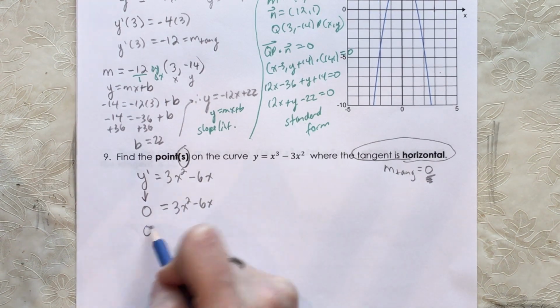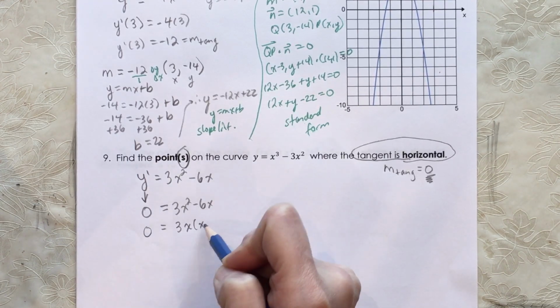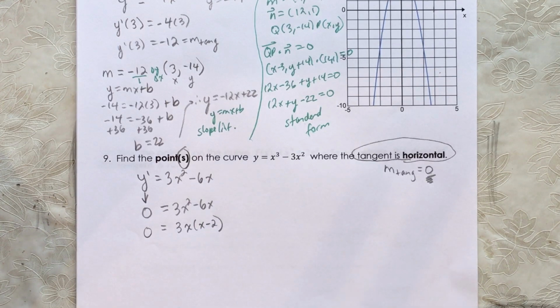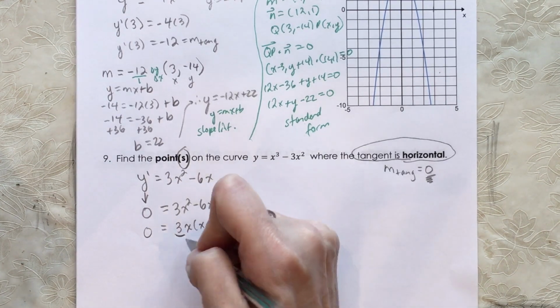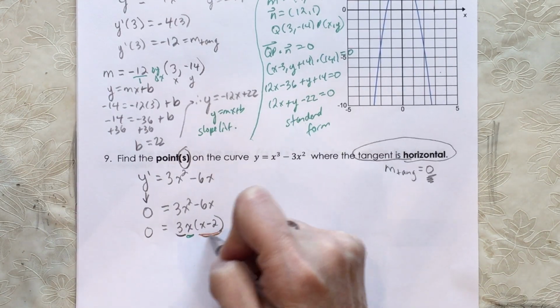So what I would try to do on this side is factor if I could, and I can factor out 3x. And then I've got three things multiplying together. I've got this 3 out front, which is no big deal. I've got x, and I've got x minus 2, all multiplying together to give me 0.